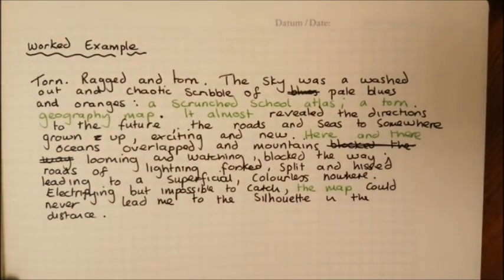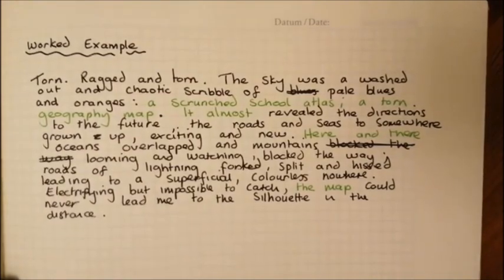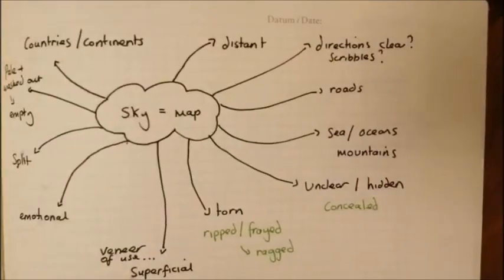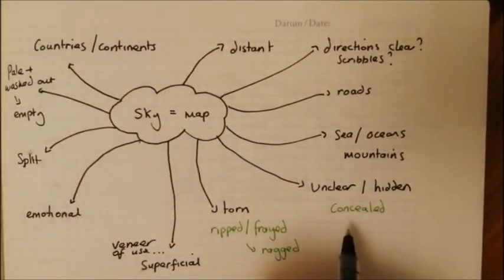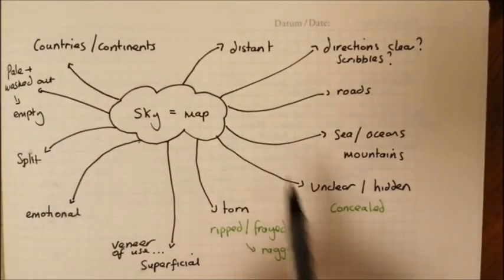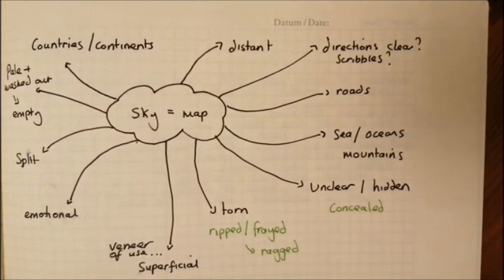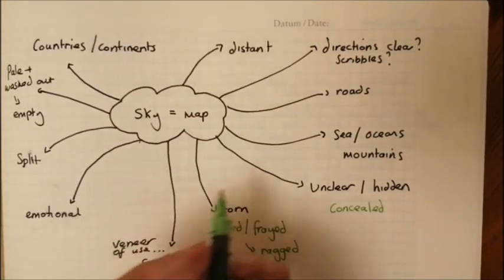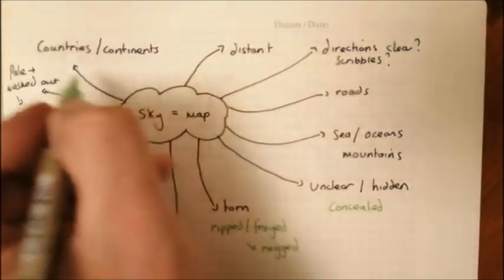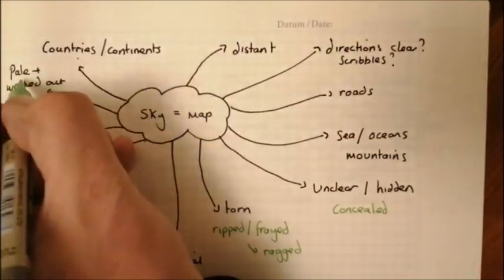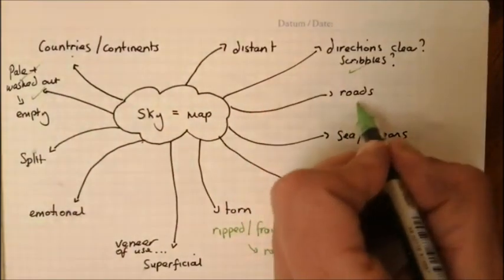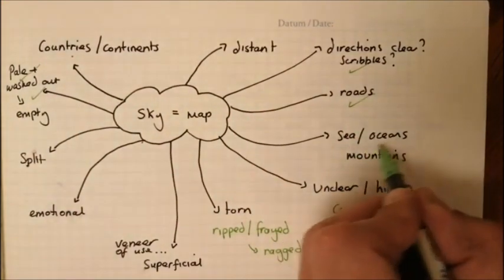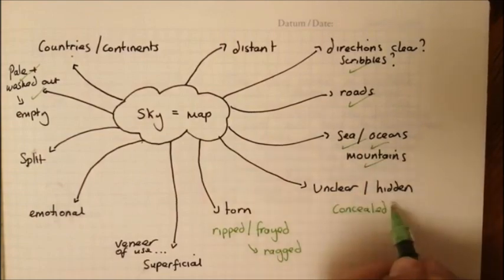Okay. So what I've tried to do is I've embedded as much of the words from here as I can into my final piece of work. I haven't used all of them. If I was to do it again, maybe redraft it, I would. But I have included words like pale, washed out, scribbles, roads, seas, oceans, mountains.